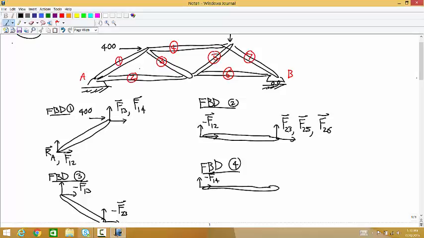This is the 400. We treat the pin like it's part of member 1. So the 400 is applied to 1, but the 3 doesn't see the 400 and the 4 doesn't see the 400. The 3 only sees contact with 1 and the 4 sees contact with 1. The 3 and the 4 don't touch each other, because the shaded part is a single thing. You know what I mean? Yeah, makes sense.